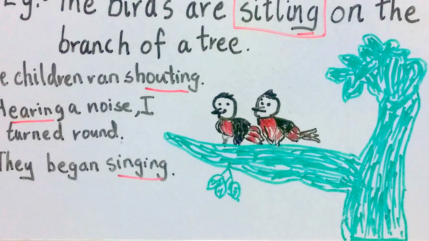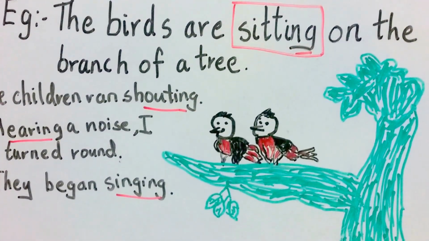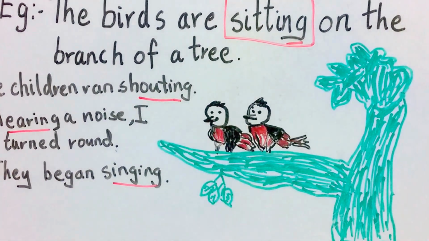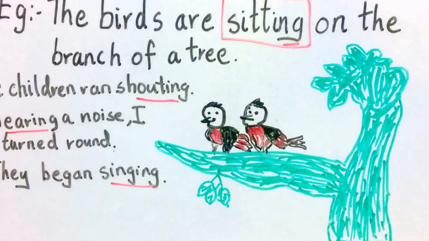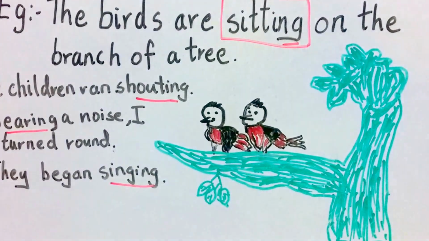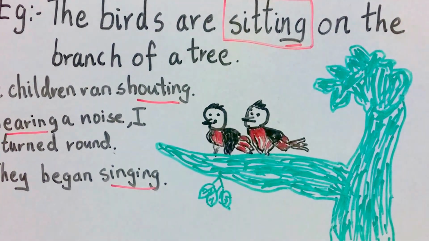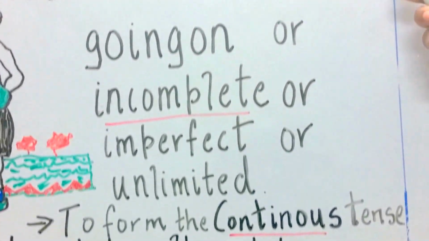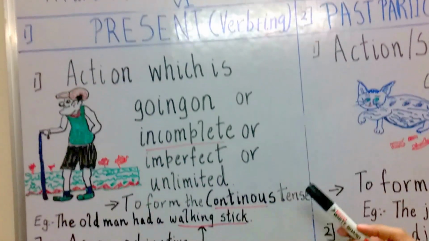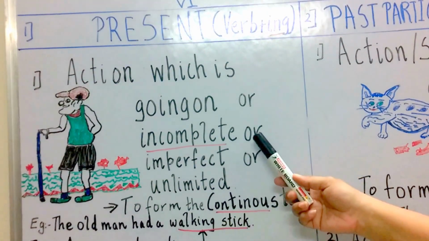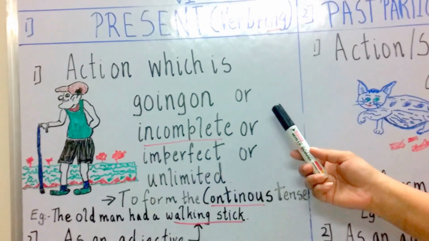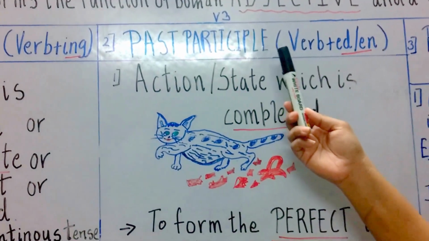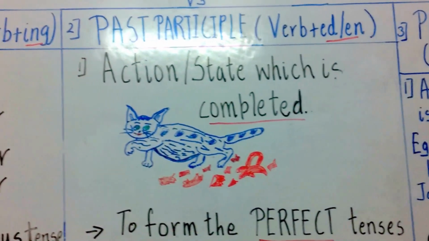We can also use it after verbs of sensation like see, hear, feel, notice, watch, find, observe, listen, keep, get. You can also use this present participle, that is the ing form, after prepositions. So we see that whenever there is an incomplete action, it is called the present participle, that is V1. Now let us go to the second participle, that is the past participle.